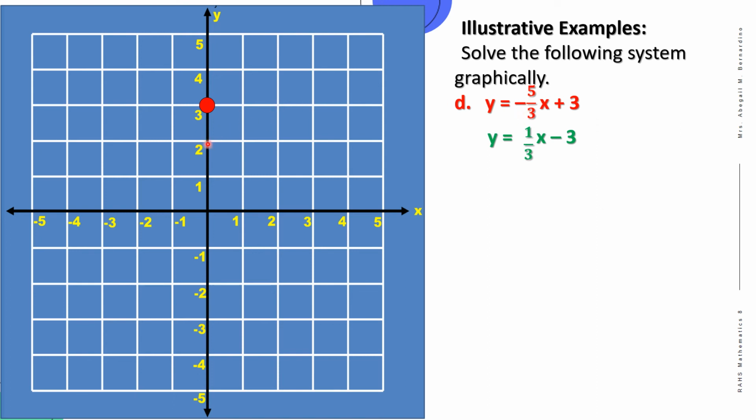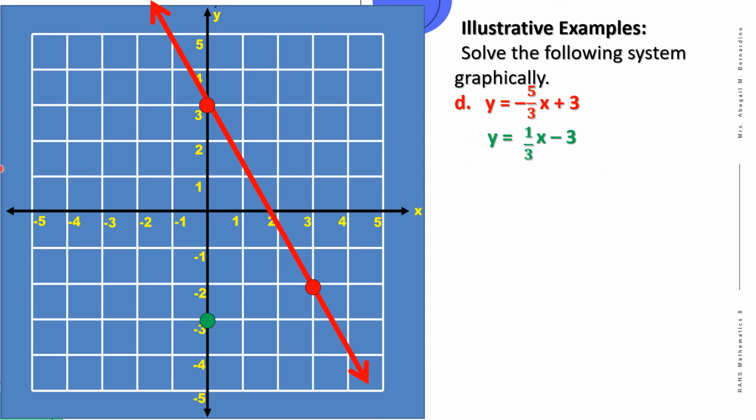So here it is, 1, 2, 3, 4, 5. Then after that, we're going to the right 3 units. Okay, 1, 2, 3. And here is the second point. Then connect the points. For the second equation, we have a y-intercept which is negative 3. So, we're going to plot it here.